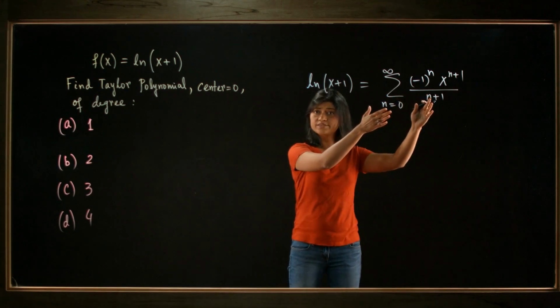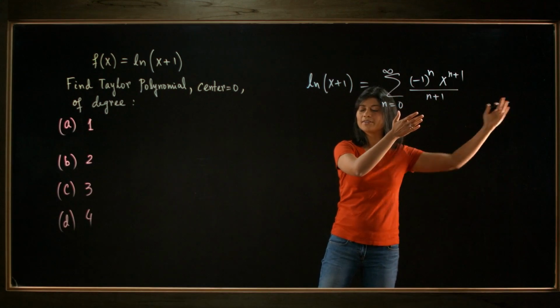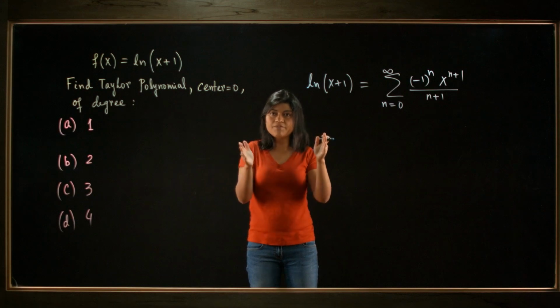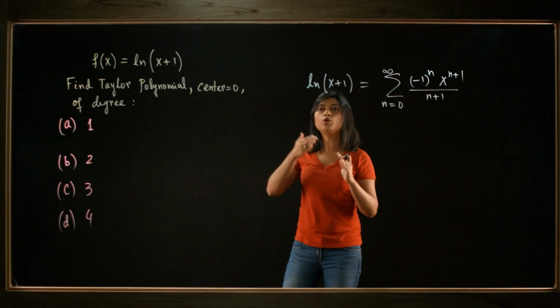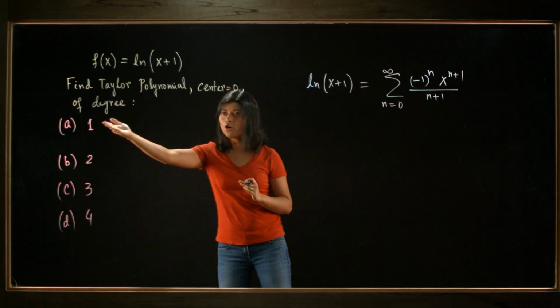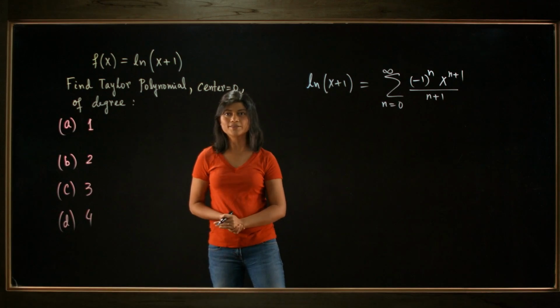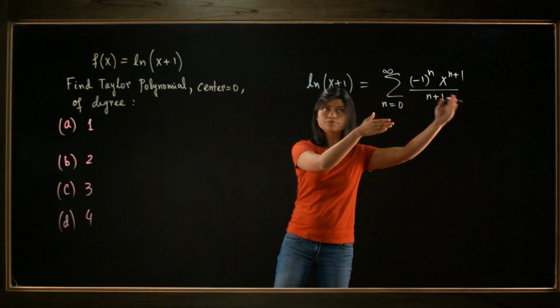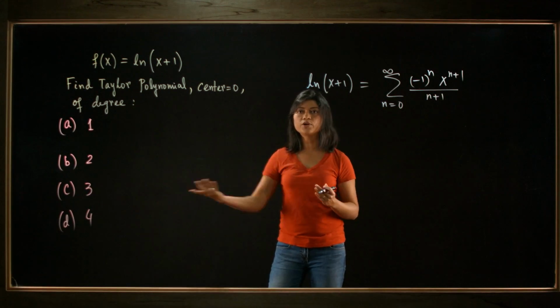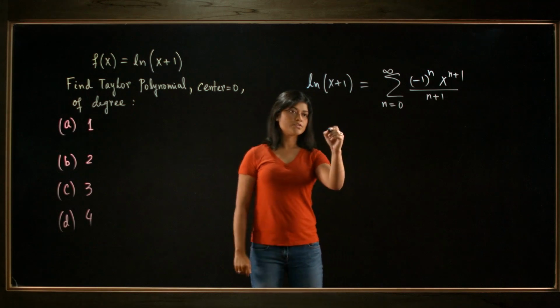Now this is a series, right? Terms go on and on. For a polynomial, we just have to stop after a few terms. And how do we know when to stop? It depends on what degree polynomial we want. So all we need to do is write down a few terms from this series and then figure out what our polynomial will be. So let's do that.